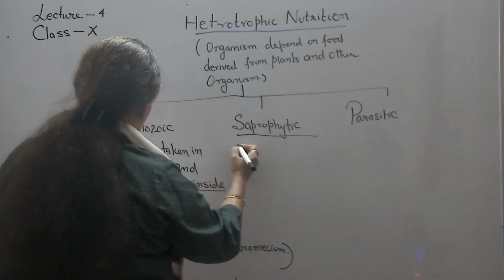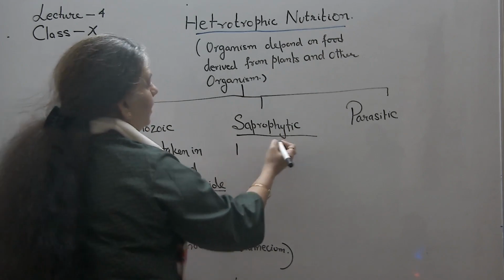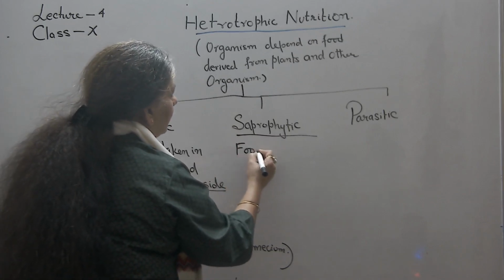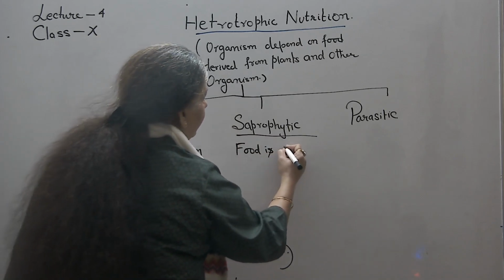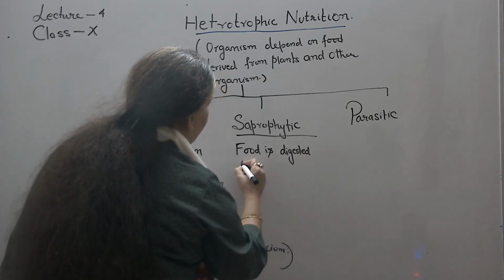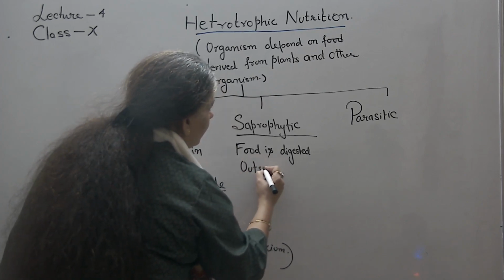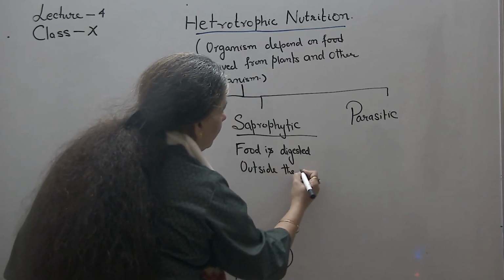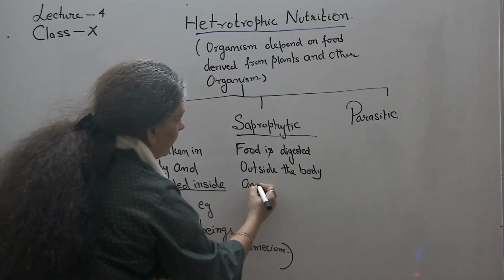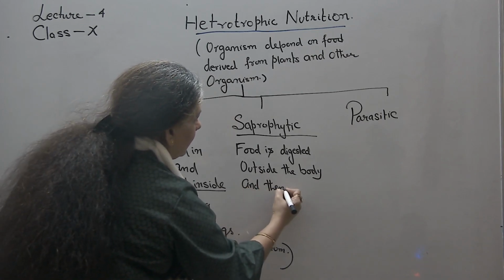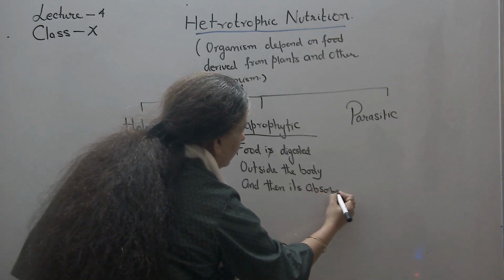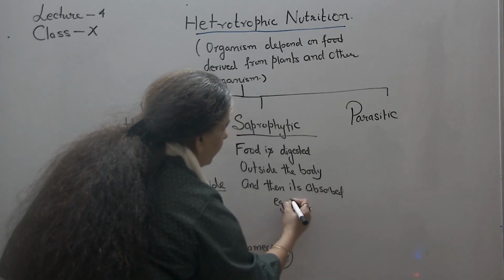So we can write: saprophytes feed on dead organisms, food is digested outside the body, and then it is absorbed. Example, fungi.